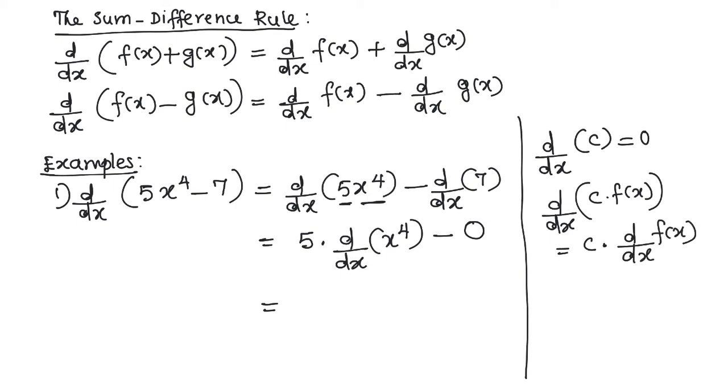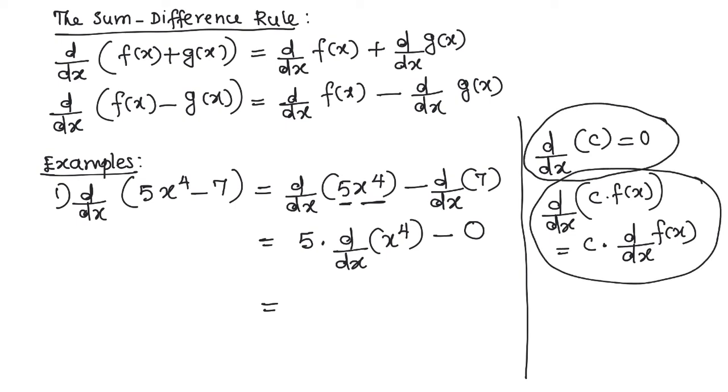So for the first one we apply this rule, and for the second one, the derivative of the constant, we apply the first rule. So 5 times the derivative of x to the power 4, apply the power rule: 4 times x cubed. I don't need to write the 0. Then simplify 5 times 4, 20 x cubed.